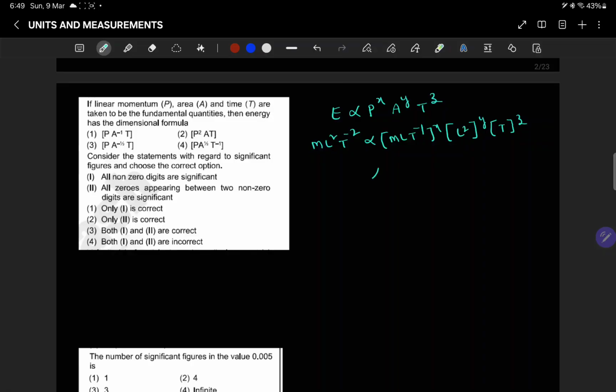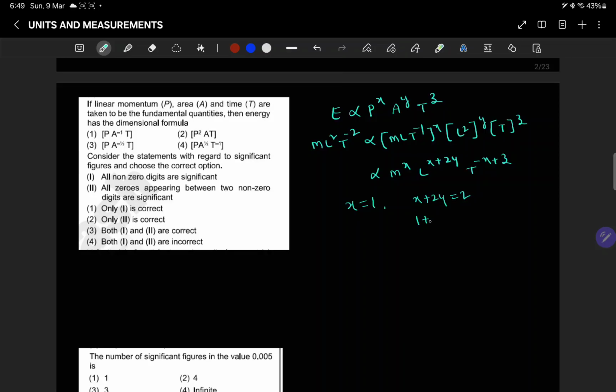Now students, here it is directly proportional to M to the power of X, L to the power of X plus 2Y, and T to the power of minus X plus Z. Just simplification, students. Here M power 1 means X equal to 1, no doubt. X plus 2Y equal to 2.